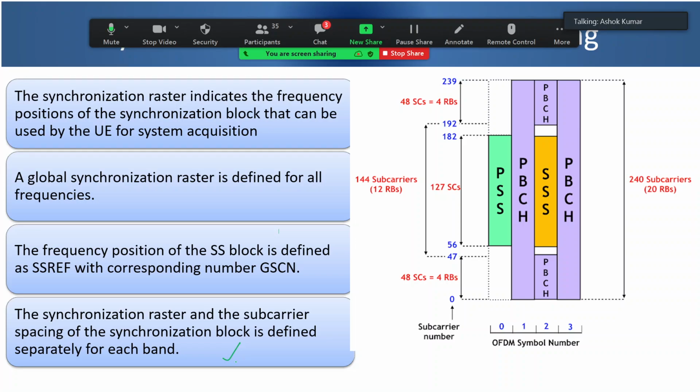So the synchronization raster subcarrier spacing used is defined for each band. There are tables given in the specification with the subcarrier spacing of this particular SS block and the channel raster for each band. We'll look at some of it in subsequent slides.